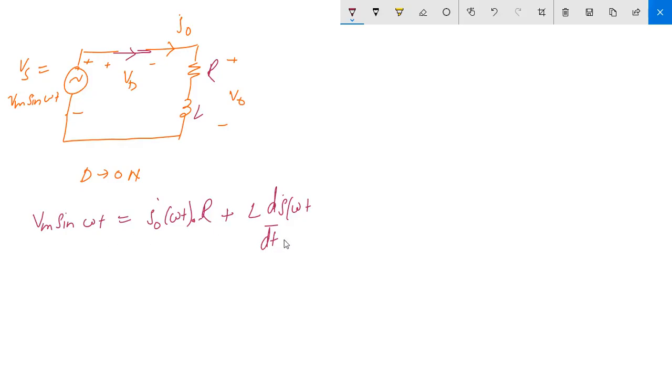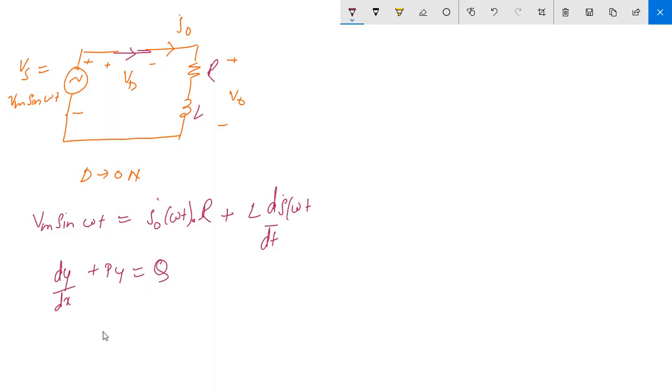Linear differential equation, where you have the term dy by dx plus py equal to q. So you will have an integrating factor.